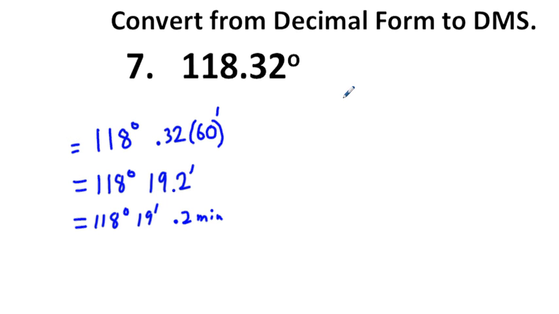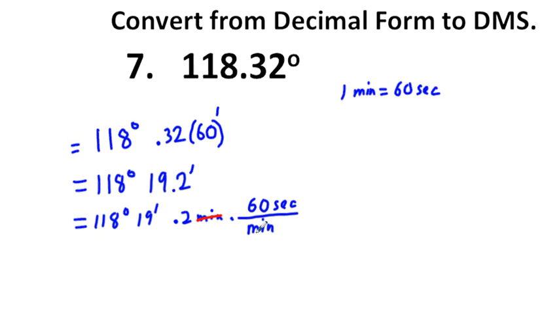How do we do that? Well, 1 minute equals 60 seconds. So we're going to multiply this 0.2 minutes by, well, what do we have to do to cancel out minutes? We have to put minutes here in the denominator. So we'll put a minute down here in the denominator to cancel out this minute in the numerator. And we have 60 seconds here at the top of the numerator.